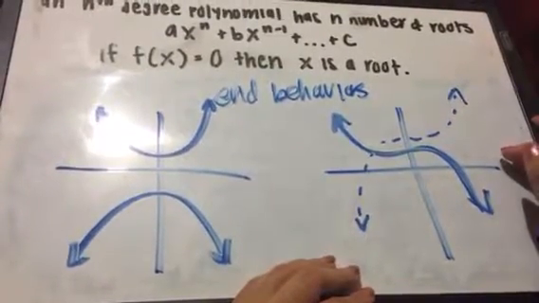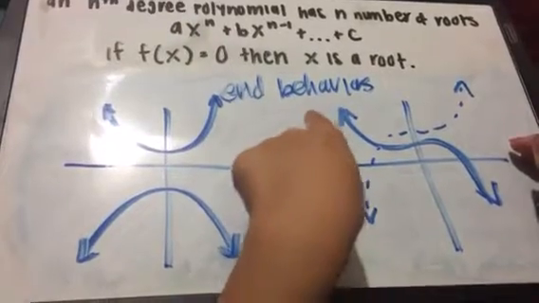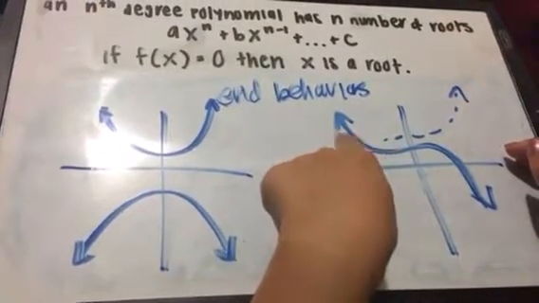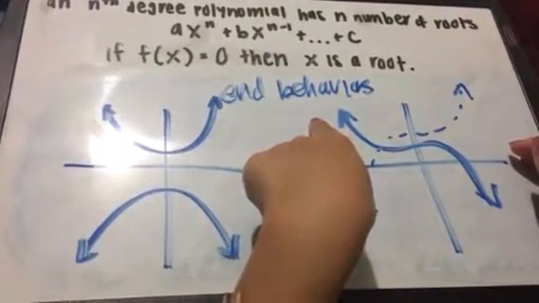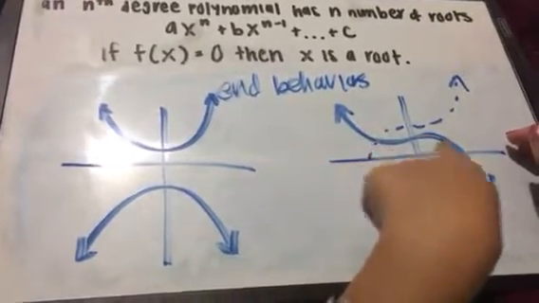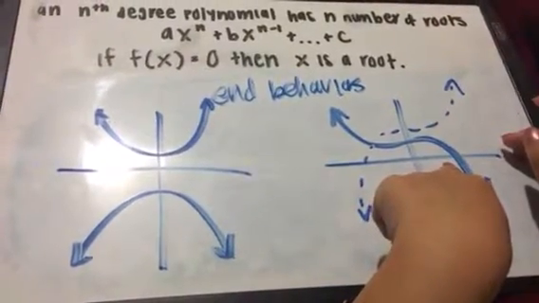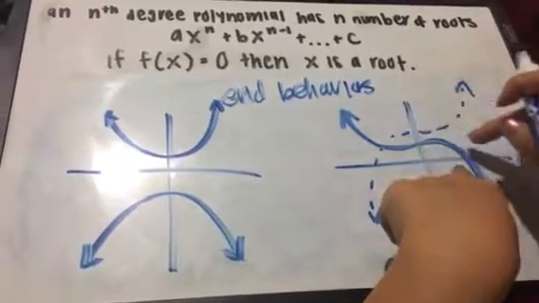So because of that, no matter how many complex roots the function has, it will always need to have at least one real root, because the graph has to cross the x-axis.